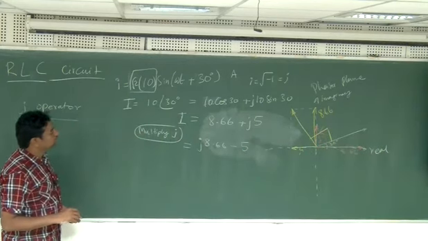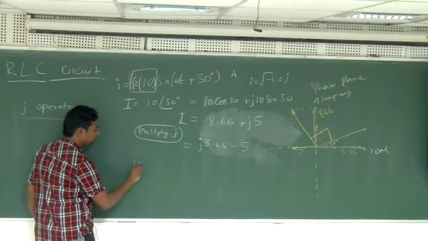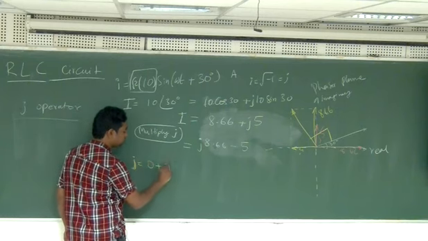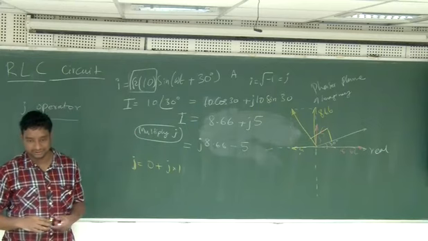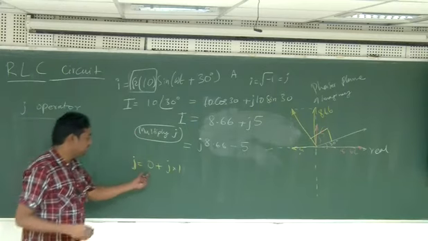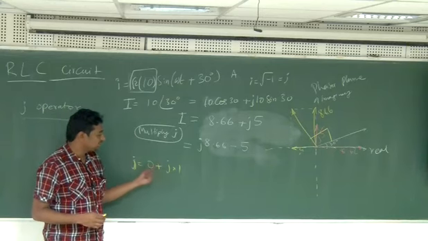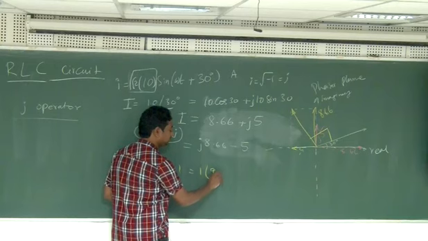In fact, what is the polar form of J? See, J equal to 0 plus J into 1, isn't it? Just I am writing it in a different form. The real part is 0 and the imaginary part is 1. Okay. So if you convert this into polar, what will you get? You will get 1 angle 90 degrees.